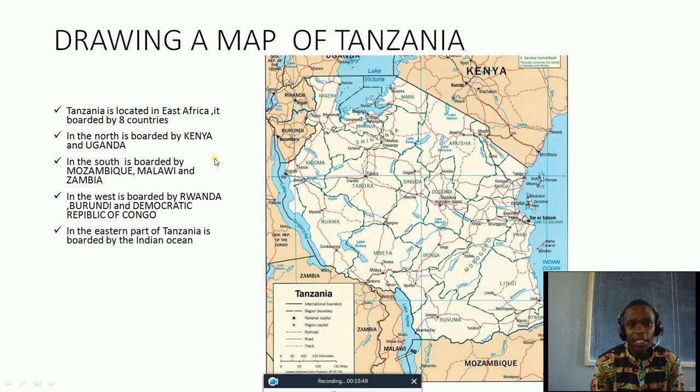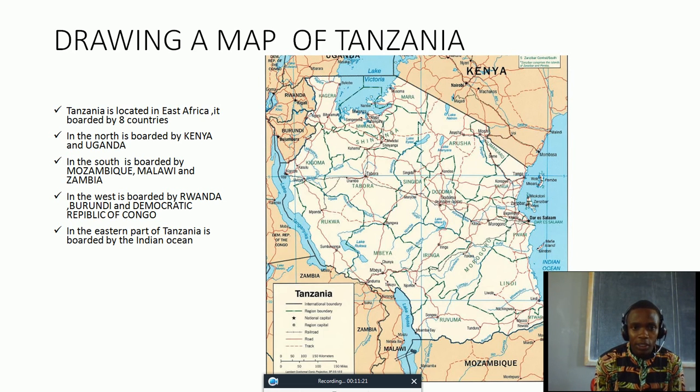Tanzania is located in East Africa, and other East African countries are like Rwanda, Kenya, South Sudan, Uganda, Burundi, and also Tanzania. So Tanzania is bordered by eight countries. It is bordered by eight countries.